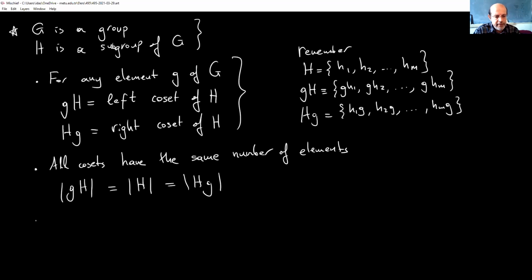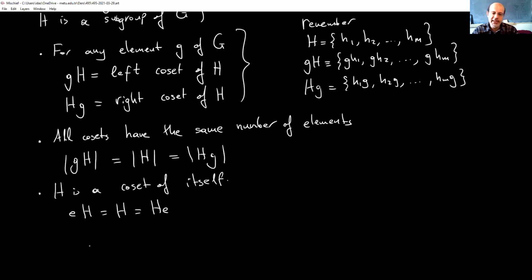So let me say it like this. H is a coset of itself. Let's start with this. One of the cosets of the subgroup is itself, basically. Itself is also a coset because identity multiplied with H is equal to H. And that's equal to H times E. So therefore, this is both a right coset and a left coset.